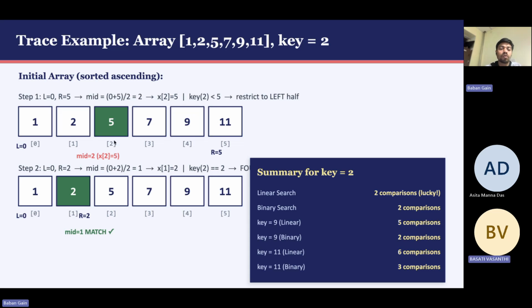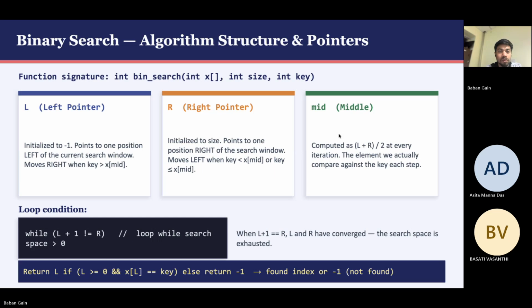We saw that no, actually we wanted 2, but it is 5. So our value will be on the left side, right? So within this part we check 2, and we found the element, which means it is done. Yeah, this is the same thing.